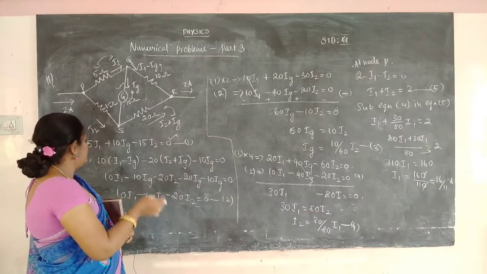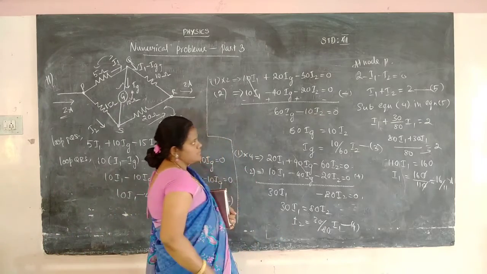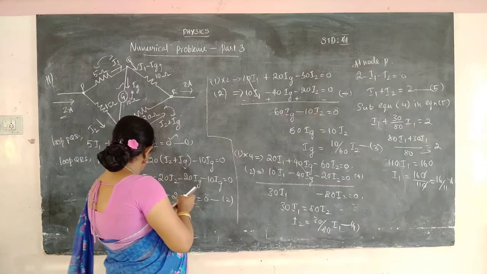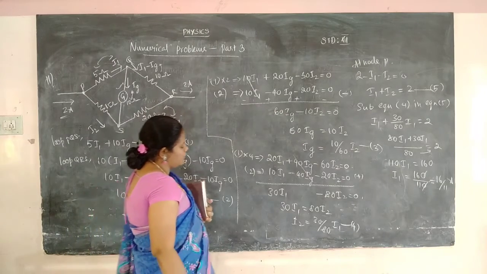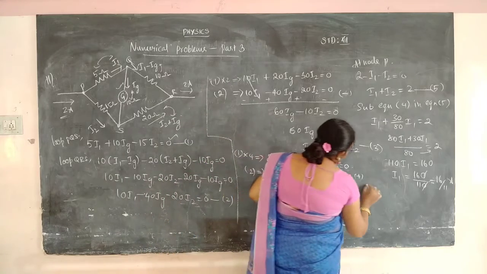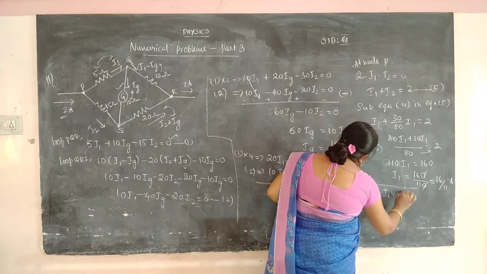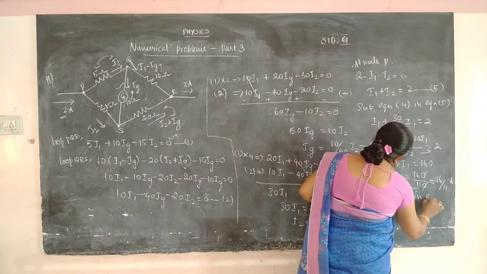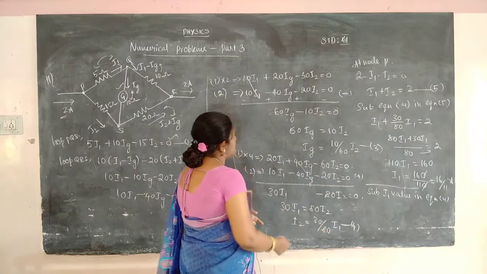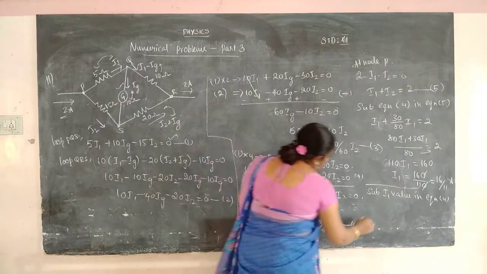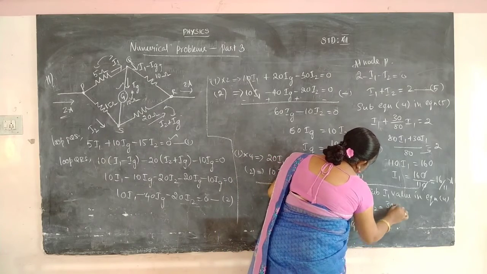So we want I2 and we want Ig. Substitute the I1 value in equation 4. Equation 4 is I2 is equal to 30 by 80 into I1.